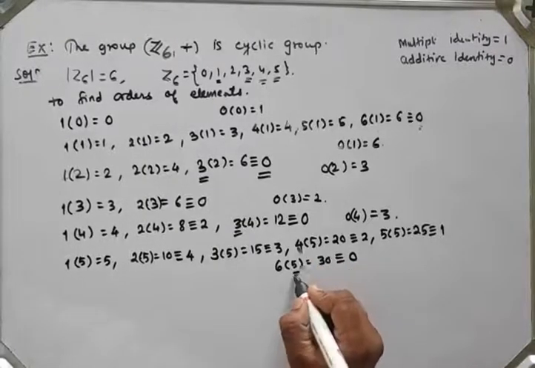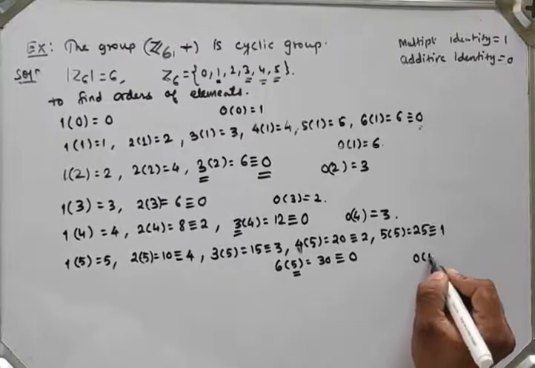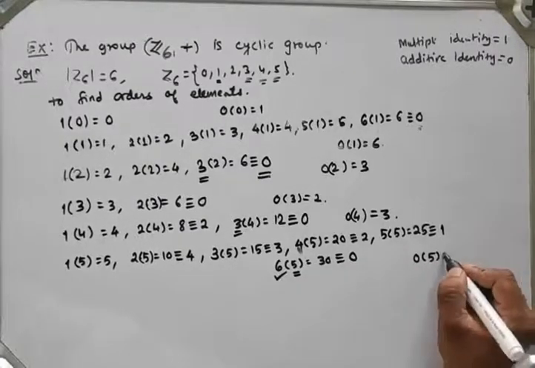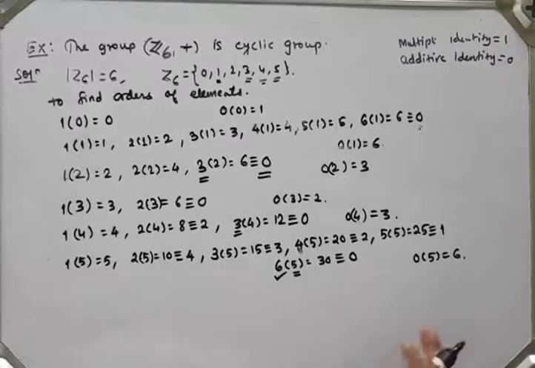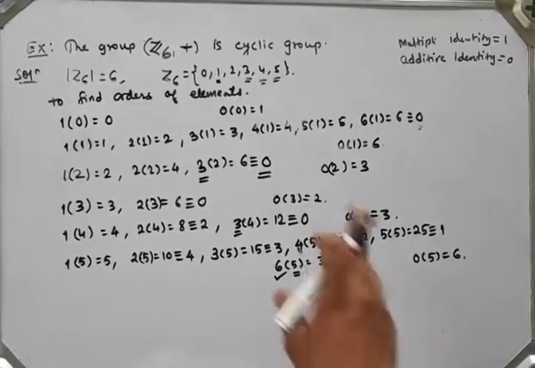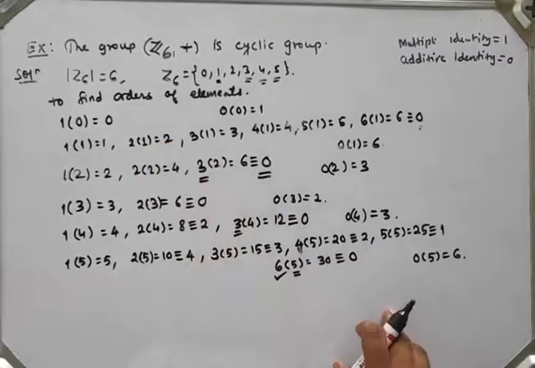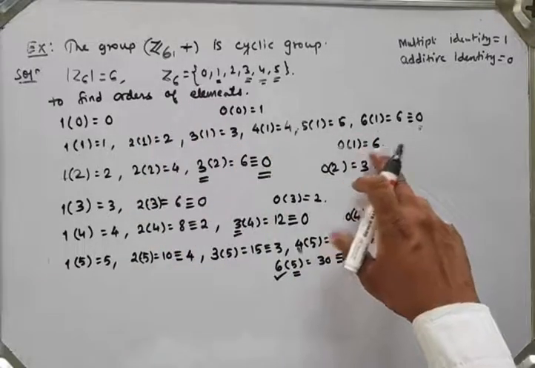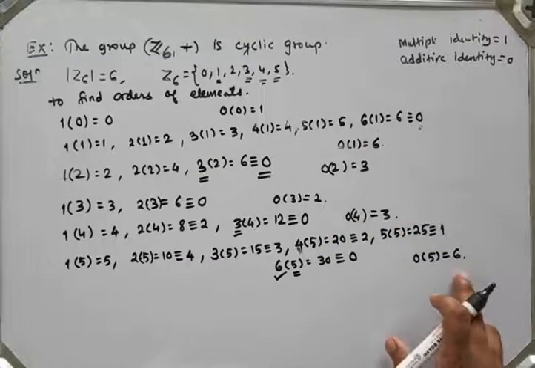Therefore, what is the order of element 5? The order of element 5 should be 6, right? Here, how many elements in Z6 have order the same as the group order? So here the order of 1 is 6 and the order of 5 is again 6.